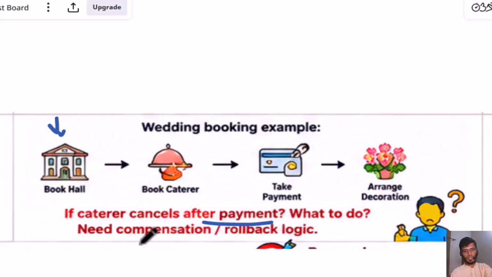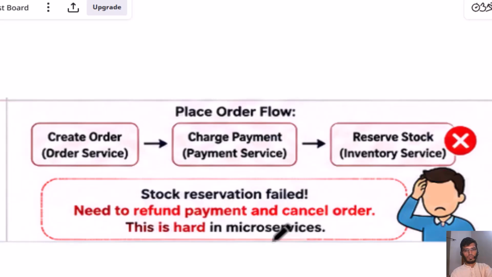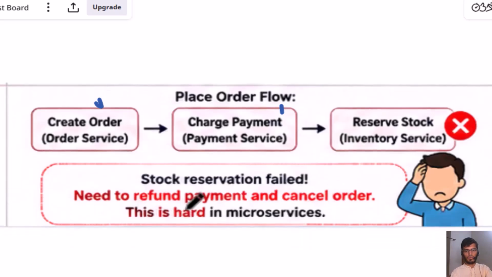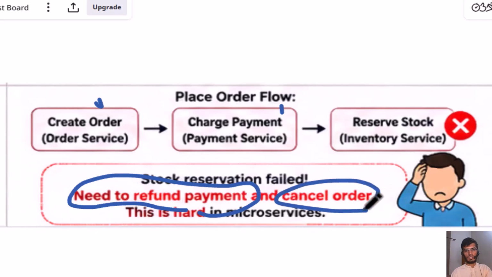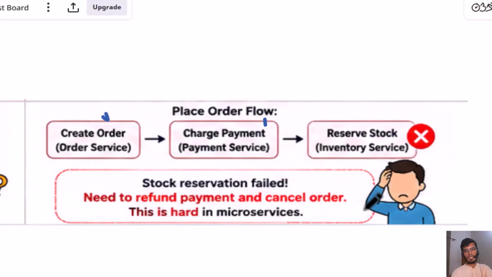Then we need compensation logic. So yes, it is hard in a microservices architecture. In a software world example, consider that we create the order, we charge the user, but the stock service fails. What happens is we need to do a refund as compensation logic, and we have to cancel the order. So it will add more operational complexity.